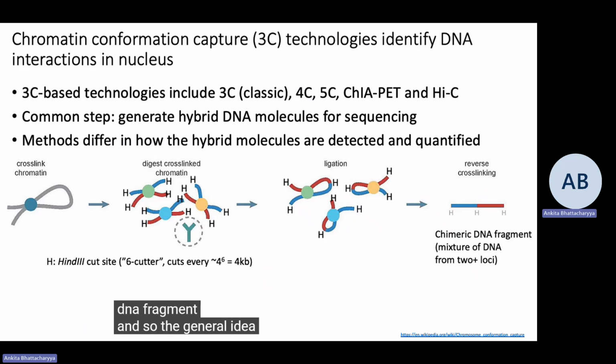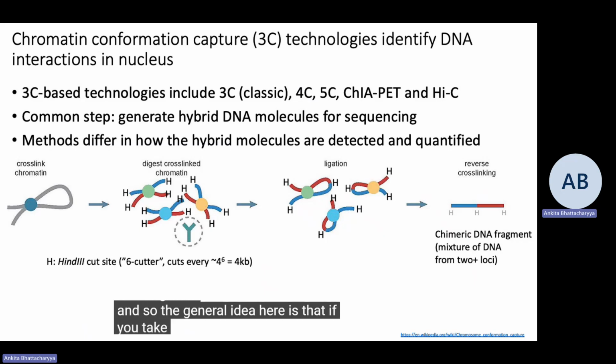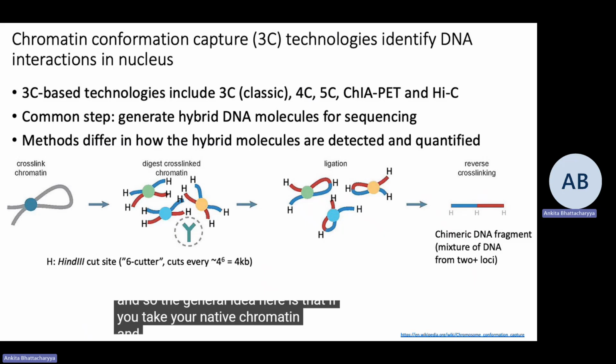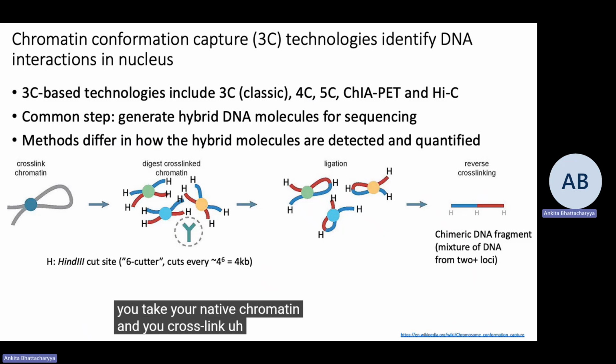The general idea here is that if you take your native chromatin and you cross-link with, for example, formaldehyde, recall that cross-linking can cross-link proteins to other proteins or proteins to DNA. After cross-linking, what you typically do in these 3C technologies is digest using some restriction enzyme that cuts reasonably frequently.